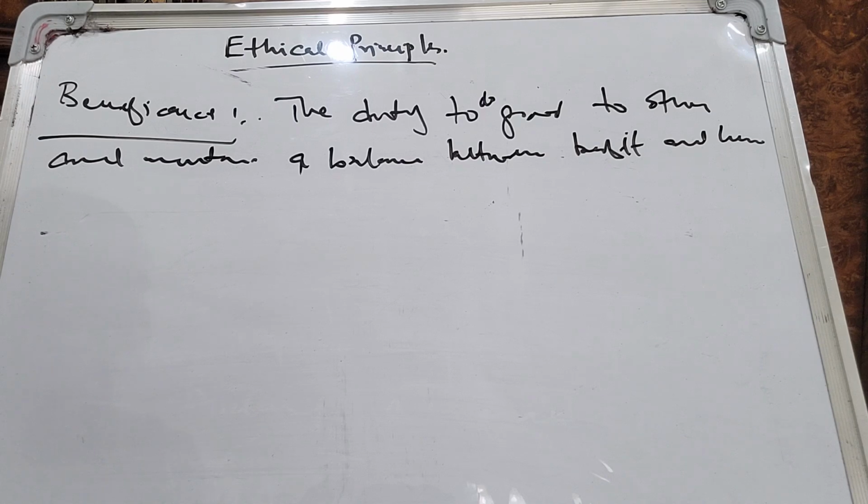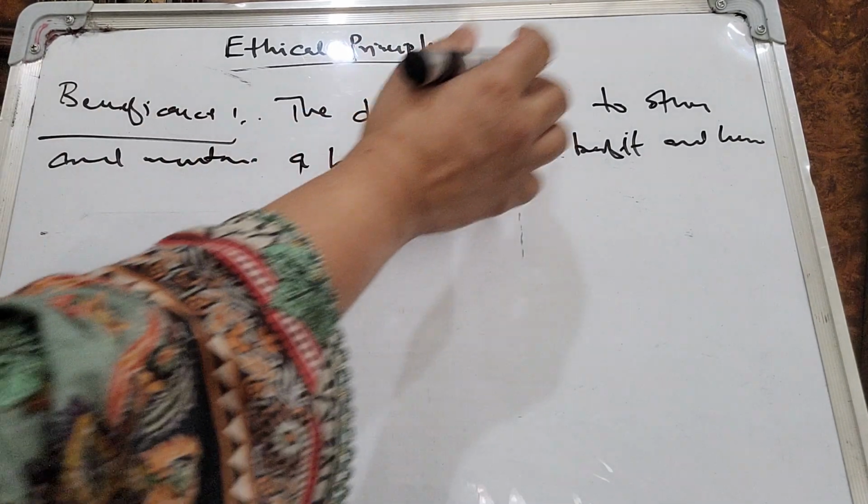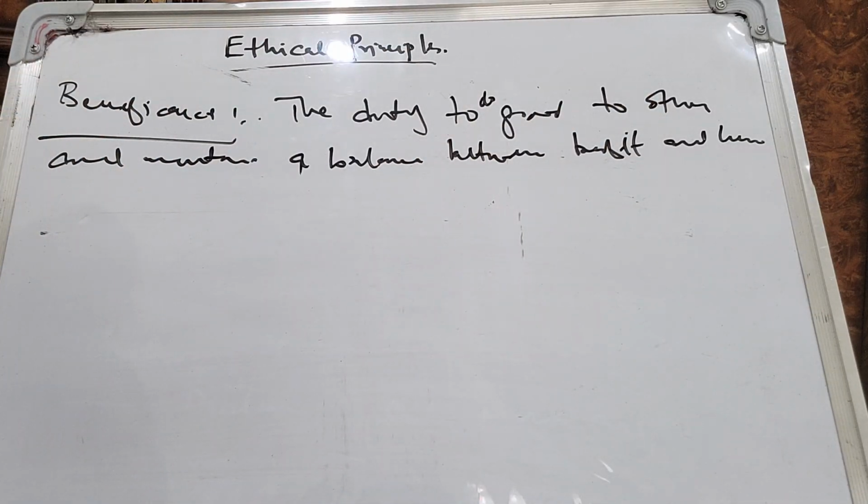So this is beneficence, the duty to do good to others. As a nurse, it is our responsibility to be good with the patient and maintain a balance between benefits and harm.